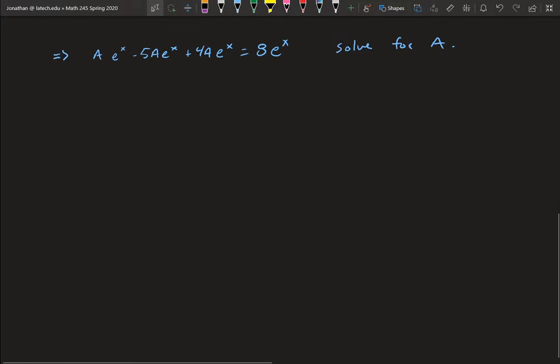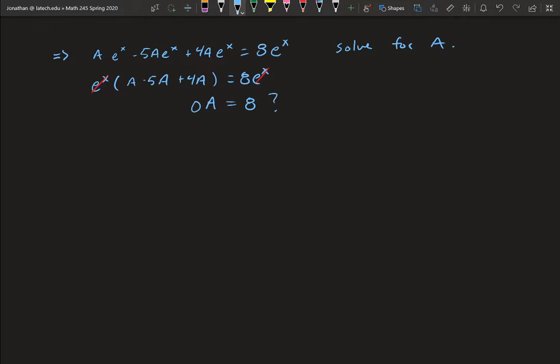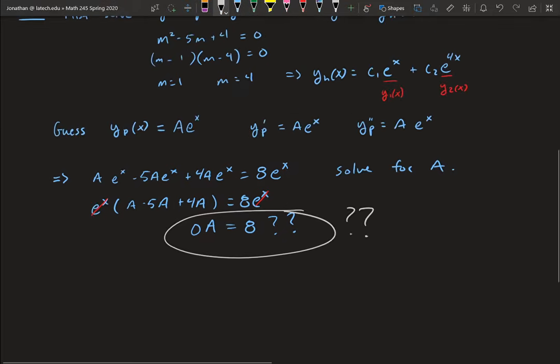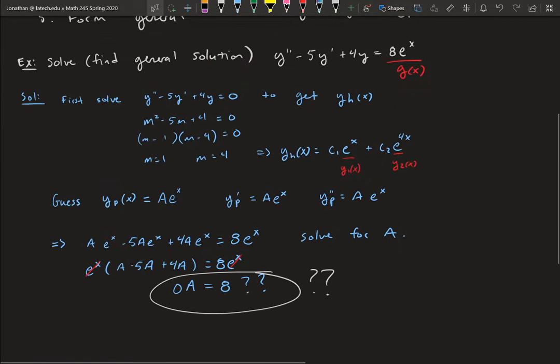On the left, we could factor out e to the x, which leaves a minus 5a plus 4a equals 8 e to the x, and the e to the x's cancel. And so on the left, I've actually got 0a equals 8? What's happening? Everything broke.